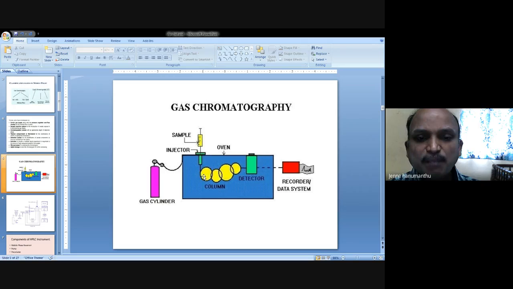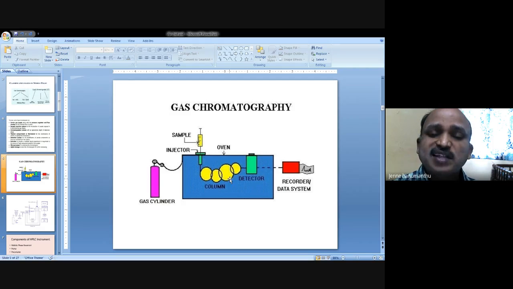If the mixture elements have polar property and the column is polar, they slowly reach the detector.